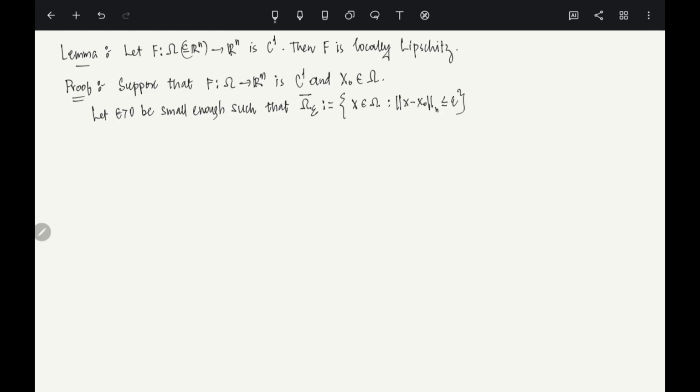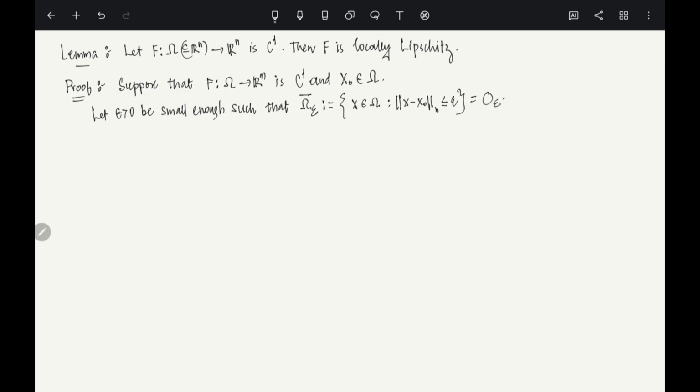Clear? For now I don't want to use that bar all the time, so let's just call it O epsilon, that will be better.